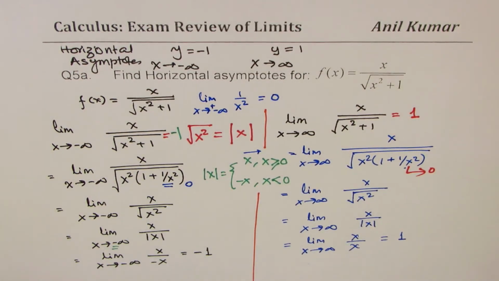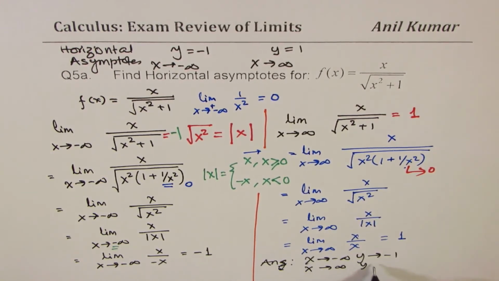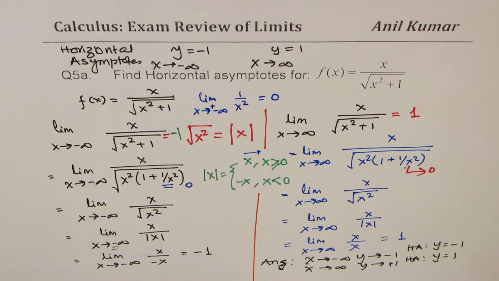Is that clear, right? As x approaches negative infinity, y approaches negative 1. When x approaches positive infinity, y approaches positive 1. So this gives me one horizontal asymptote, which is y equals minus 1, and the other, which is y equals plus 1. So we have two horizontal asymptotes, right? I hope this concept is absolutely clear.